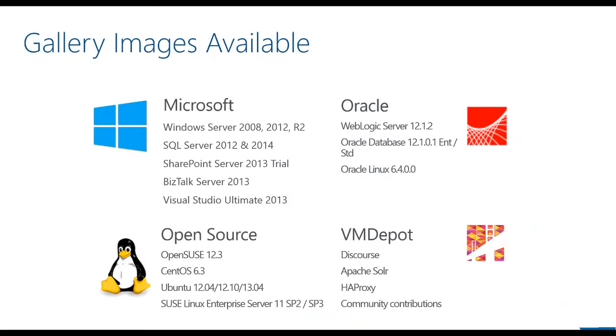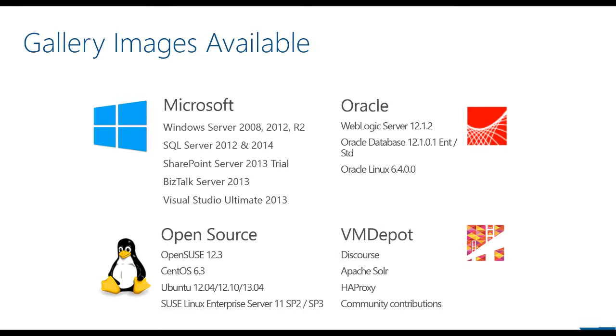Now that you know why virtual machines and why the cloud is just absolutely great, what can you actually do? Whenever the rubber hits the road, what is actually there? In Windows Azure, the images that are available by default are, of course, Microsoft images: Windows Server 2008 all the way up through Server 2012 R2, SQL, SharePoint, BizTalk, Visual Studio. Oracle has images available for you to provision and use.